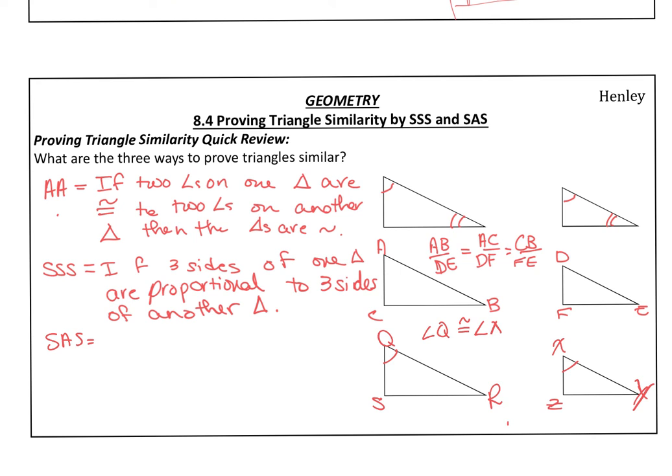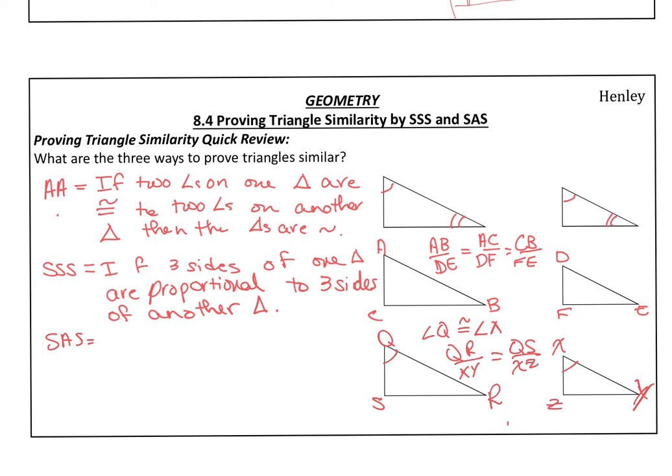And we could also say that side QR corresponds with XY, or is a ratio, and QS is proportional with XZ.